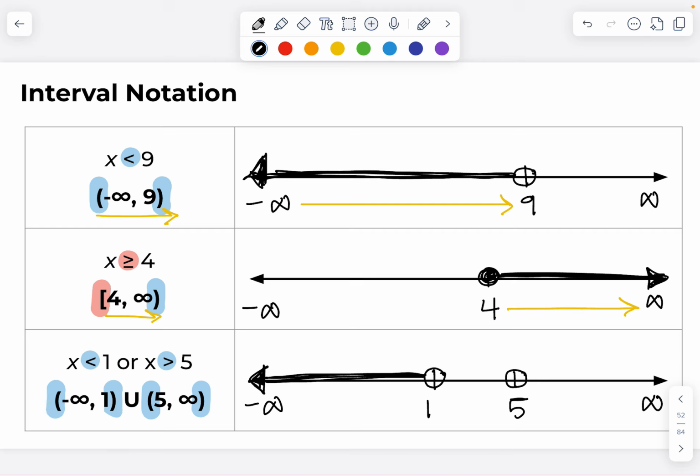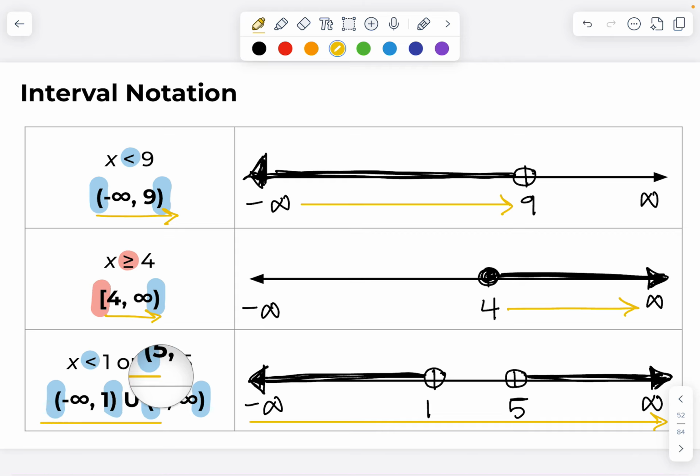And if I'm greater than 5, I'm everything to the right of 5, up to positive infinity. Then again, I can just read my number line from left to right for my interval notation. I start at -infinity, and then I get to 1, and then I go on to 5, and then I have infinity.